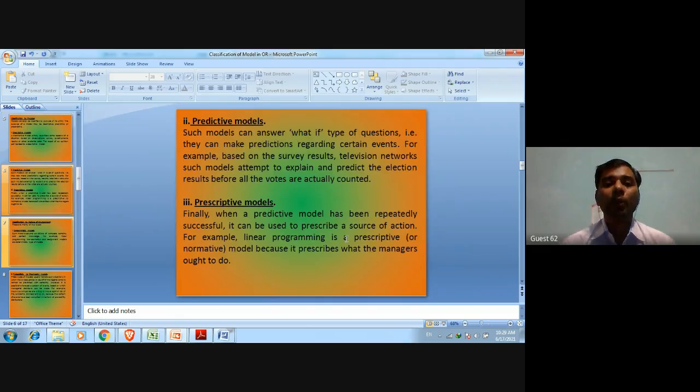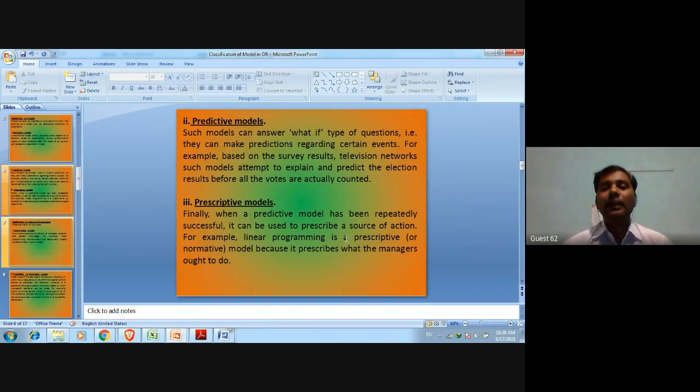And the predictive model: such a model can answer what if. Predictive means you will predict or forecast. It answers what-if types of questions, that is, it can make predictions regarding certain events. For example, based on survey results, television networks attempt to explain and predict the election results before all the votes are actually counted.